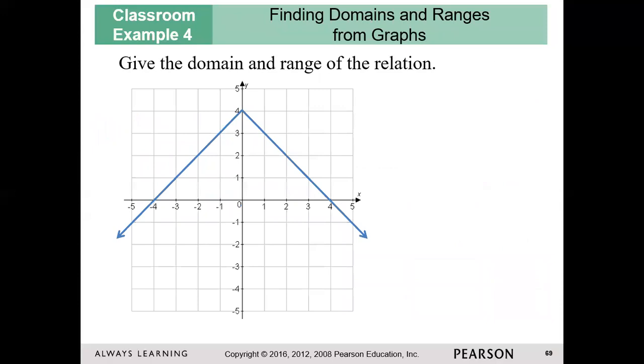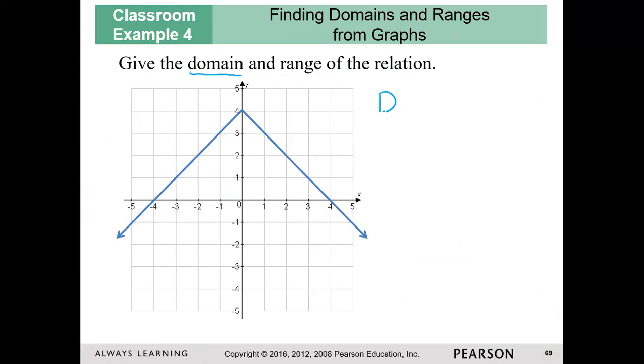Okay. So we're going to give the domain and range of this relation, and we're also going to figure out if this is a function. The domain is the set of x values. Looking at this, it looks like it's going to continue on forever in this direction, and on forever in that direction.